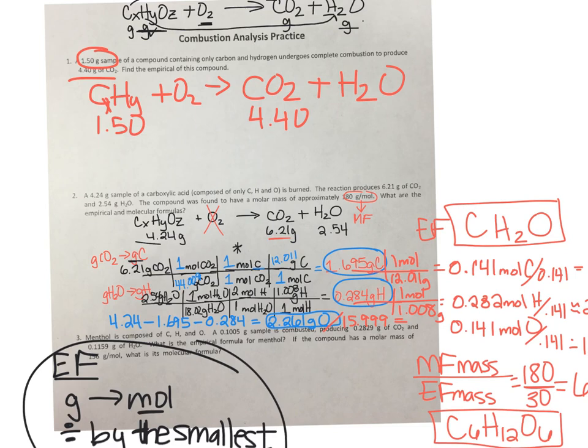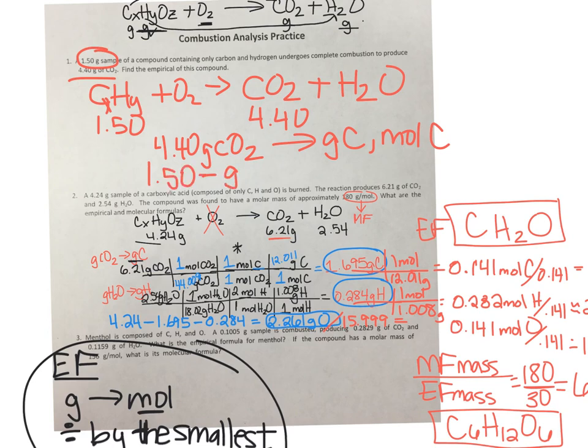So your first thing to do is we're going to take that 4.40 grams of CO2, and you need to find grams of carbon and moles of carbon, right? Eventually you got to find moles. That's why might as well just get it done. Once you have that, now you're going to take that 1.50 and subtract your grams of carbon to get grams of hydrogen.